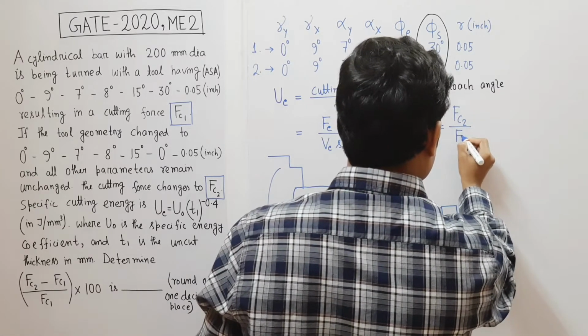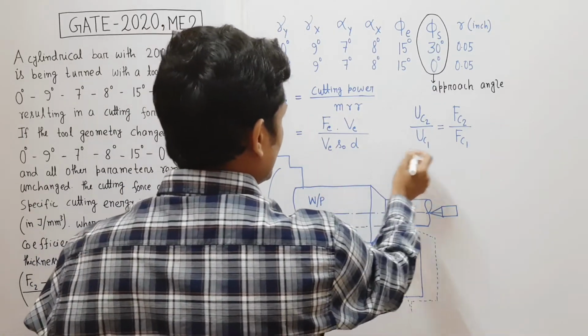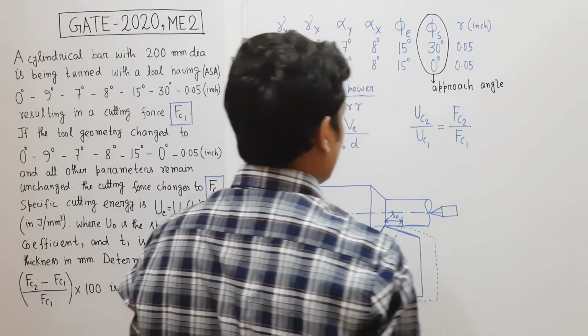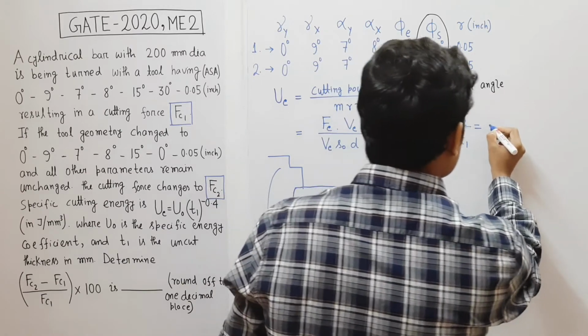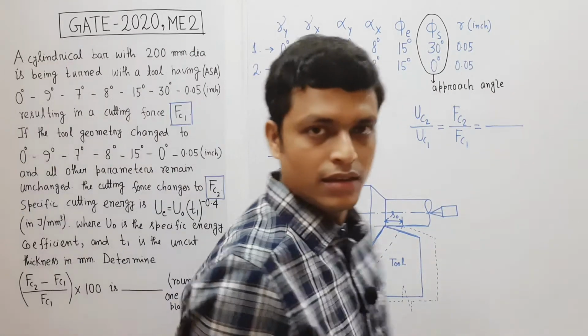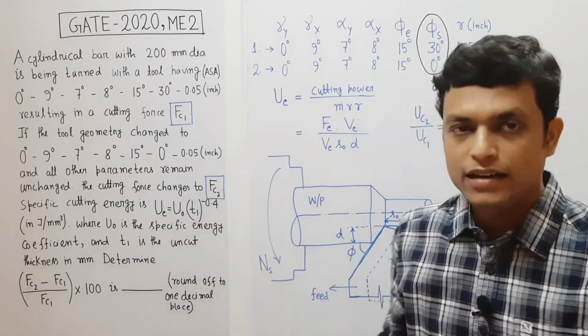FC2 by FC1, okay. So from this equation we get UC2 by UC1 is FC2 by FC1. And now this we can also write, which is given in this equation, that UC is U0 T1 to the power minus 0.4.